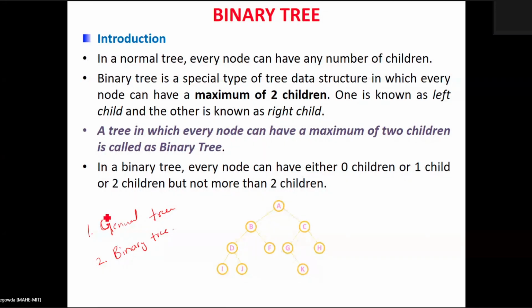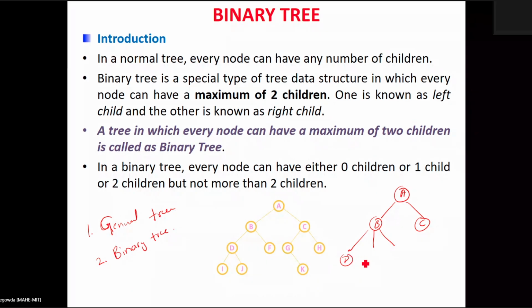A node can have any number of children. Say for example, I have a node A and it has a right child as well as a left child, that are nothing but C and B respectively. If you look at node B, node B is having three children, that is nothing but D, E and F.